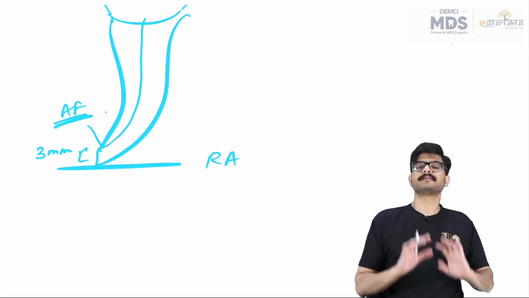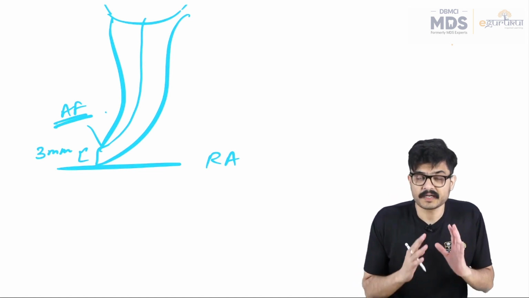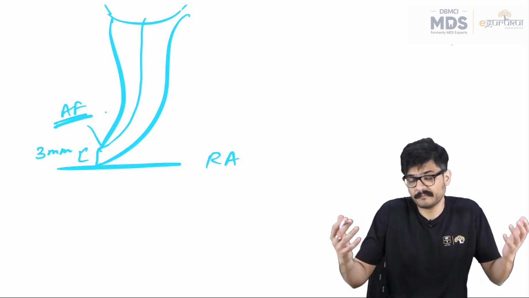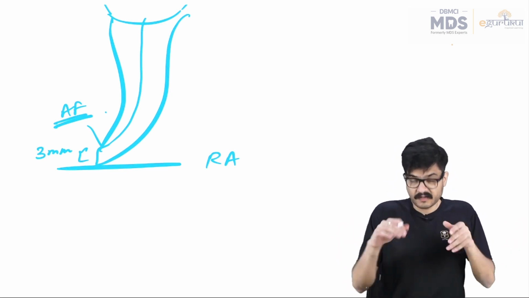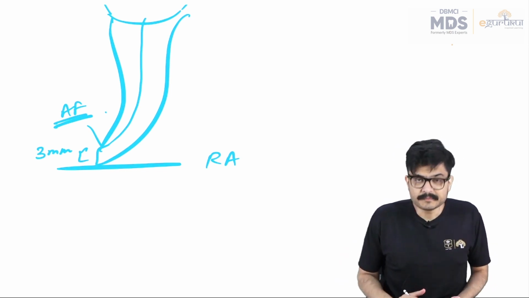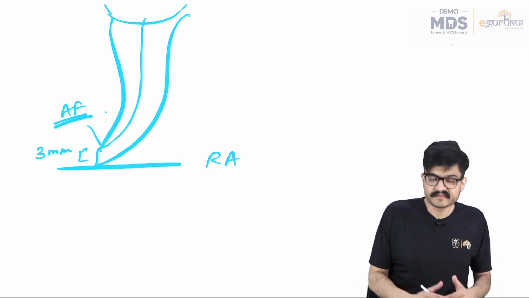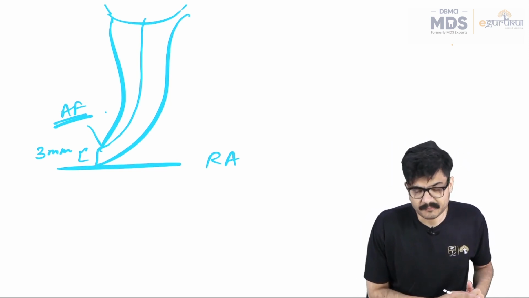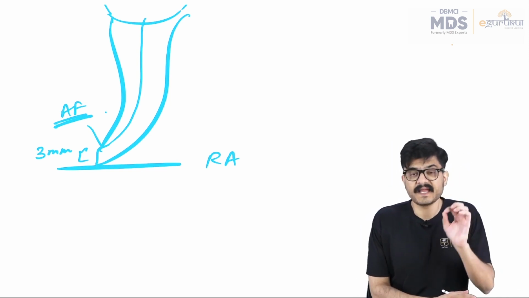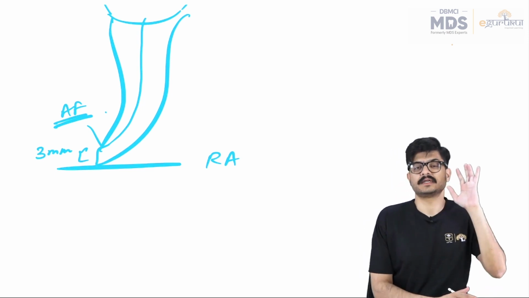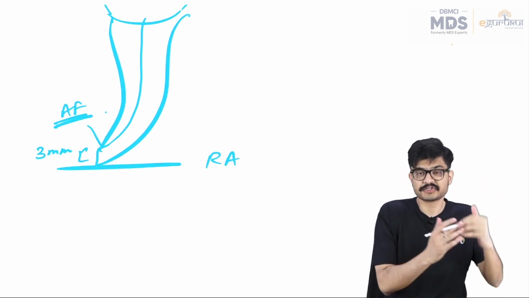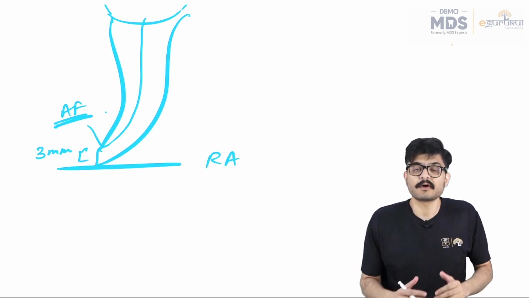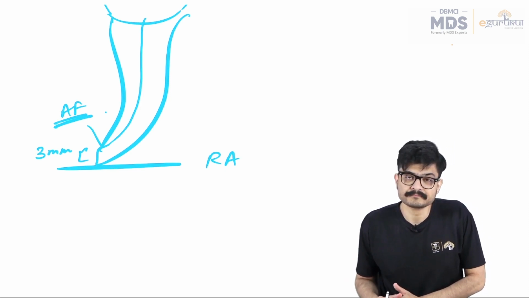Now, be that as it may, the important point here is this. This is where most of us make mistakes. Irrespective of whether the apical foramen coincides with the radiographic apex or is exiting short of it, the apical constriction is almost always further short of the apical foramen by about 0.5 to 1 mm.